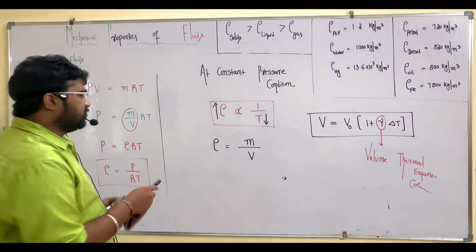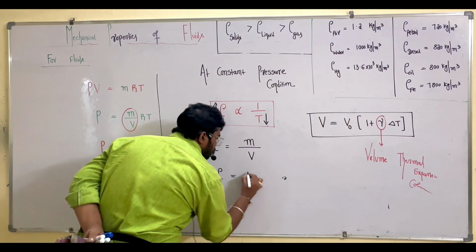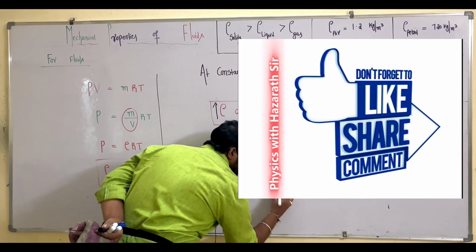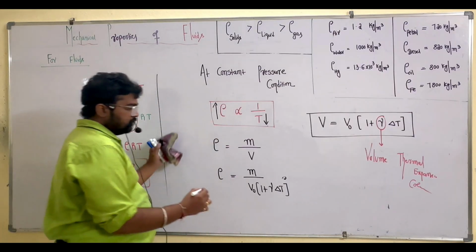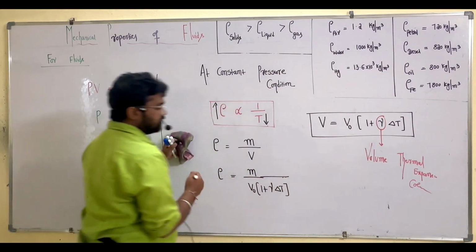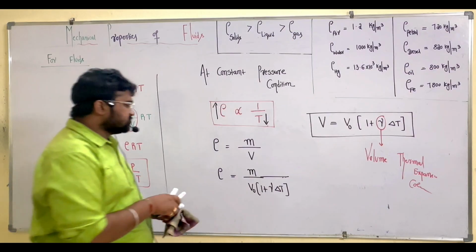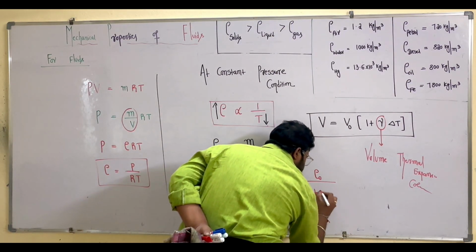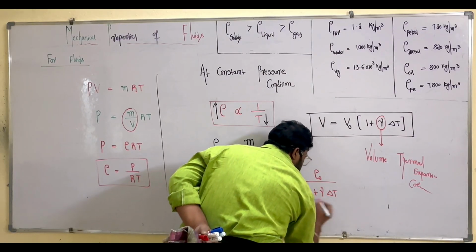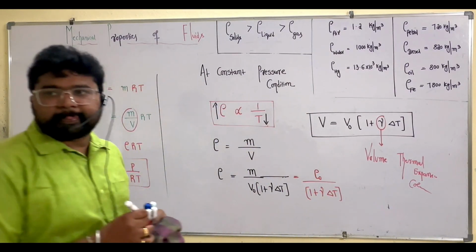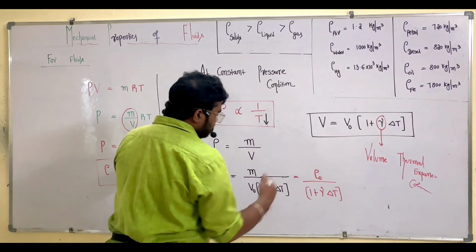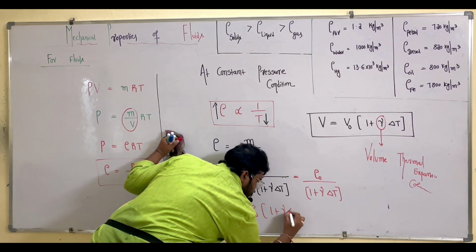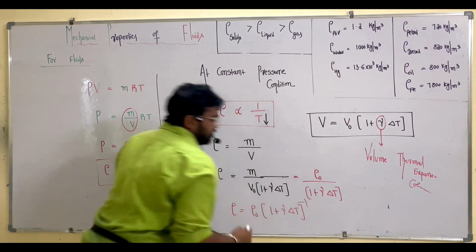So now we can write rho equal to mass by volume, V naught into 1 plus gamma delta T. So mass by volume is nothing but rho naught by 1 plus gamma delta T. You can take gamma delta T in the numerator, then 1 plus gamma delta T in power -1.